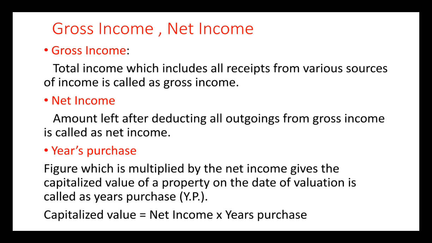The years purchase can be obtained by dividing 100 by the rate of interest for the indefinite period, that is, in perpetuity. Okay. So if the rate of interest is 4%, 100 divided by 4, 25 is years purchase. If the rate of interest is 5%, 100 divided by 5, 20 is nothing but years purchase.